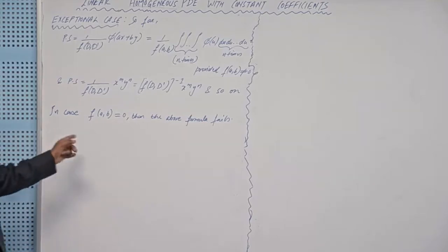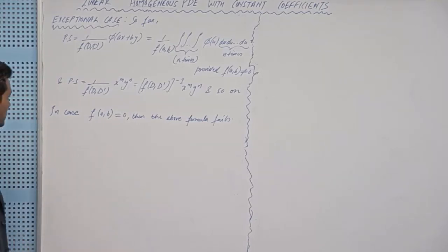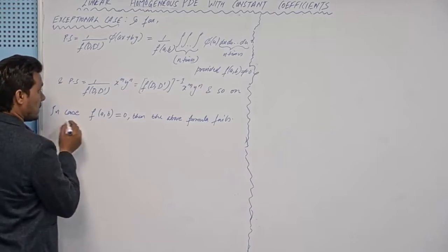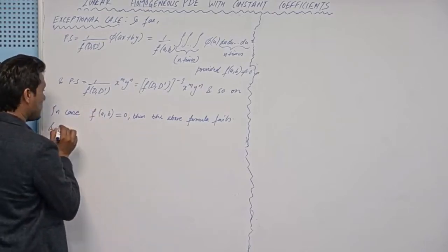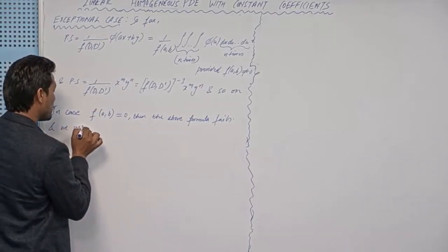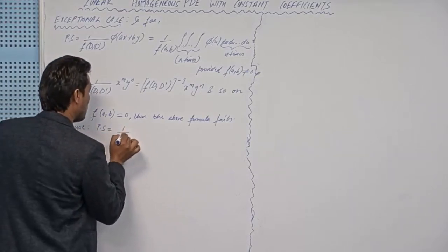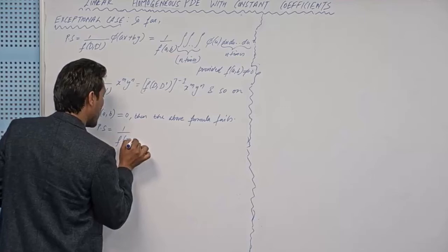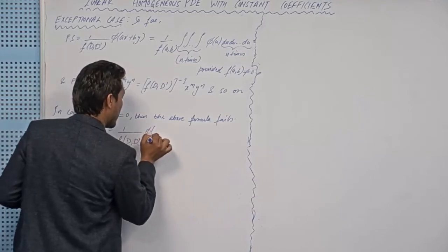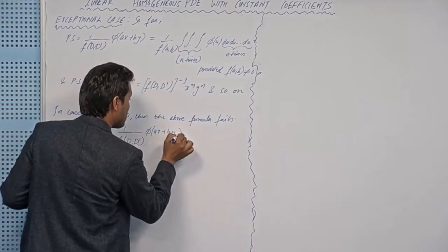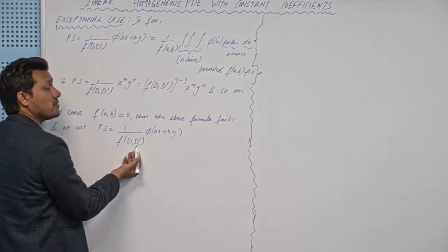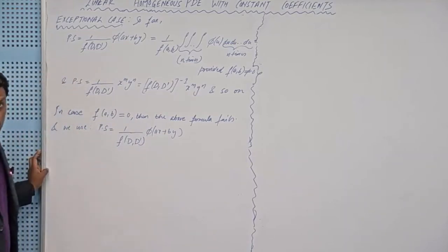So first I will write that formula and then I will prove it. The above method fails and we use this new formula, that is, the particular solution is equal to 1 upon f of d dash, with phi of ax plus by, but this time f of a comma b is equal to 0.